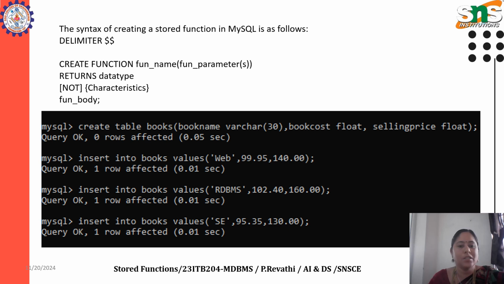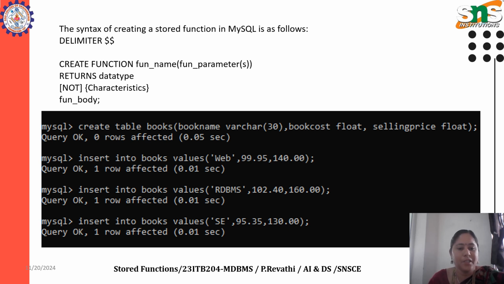It should not be the same as a built-in function name of MySQL. Next one is function parameter. It contains the list of parameters used by the function body. It does not allow specifying IN-OUT parameters. Data type: it is the data type of the return value of the function. It should be any valid MySQL data type.